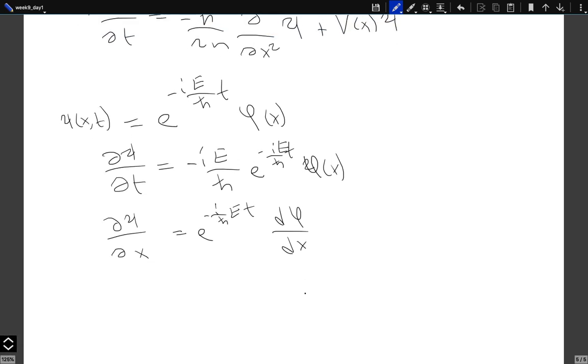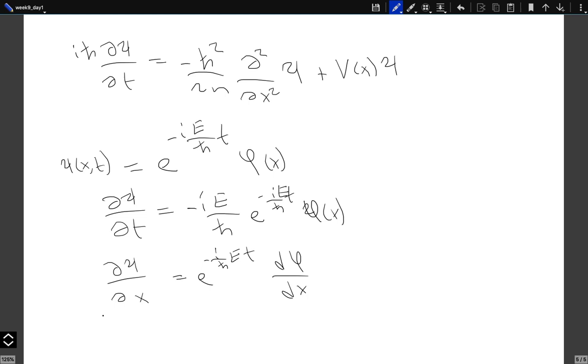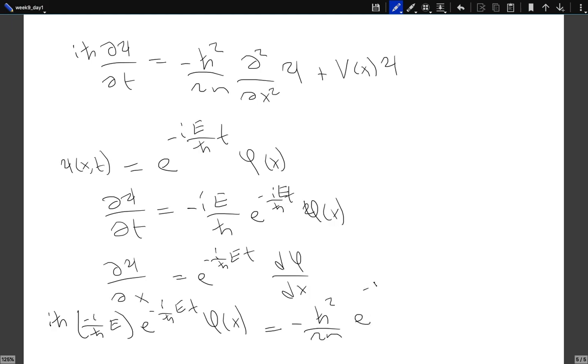Now, if I put them all up in the above equation, what I get will be i h bar times the derivative with respect to t, which is minus i E over h bar e to the power minus i over h bar E t times phi of x, which is equal to minus h bar squared over 2m times e to the power minus i over h bar E t, the same exponent, times the second derivative of this phi, plus V of x, the same exponent, times phi.